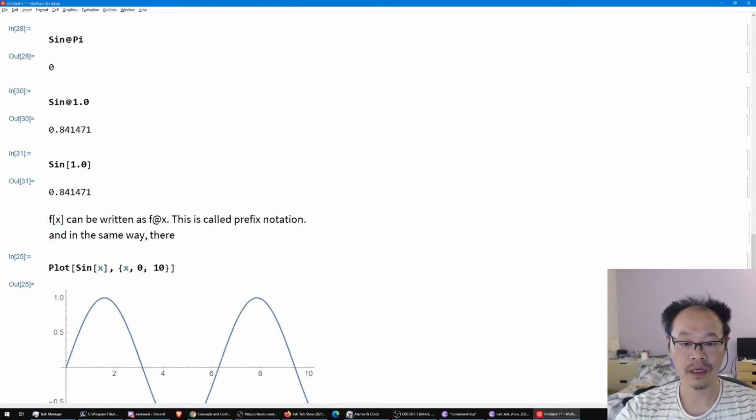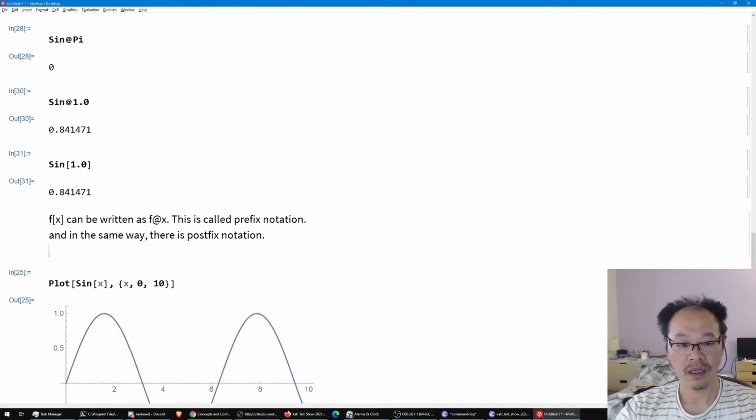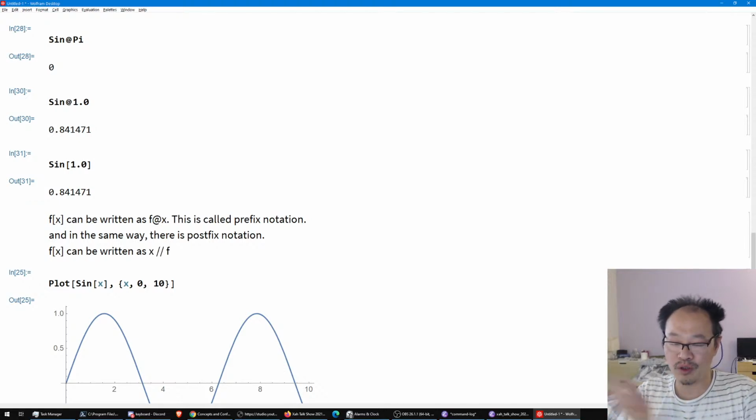In the same way, there is postfix notation. f square bracket x can be written as x // f. That's the postfix notation.